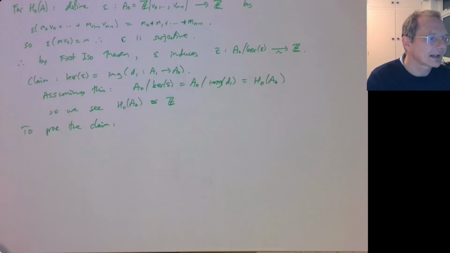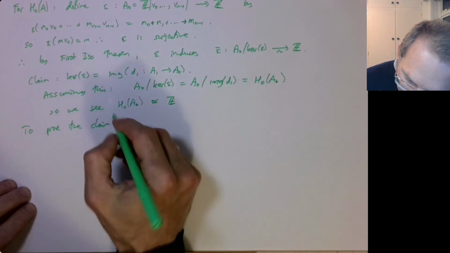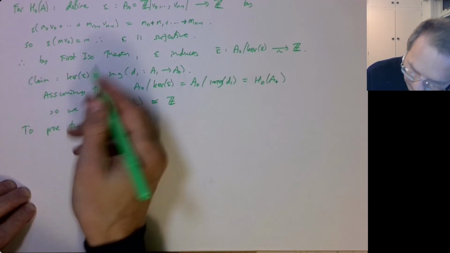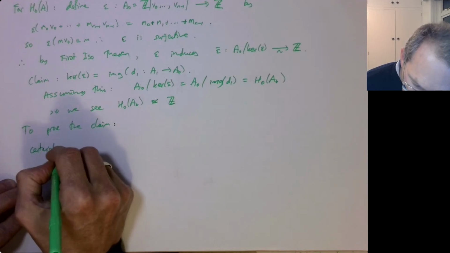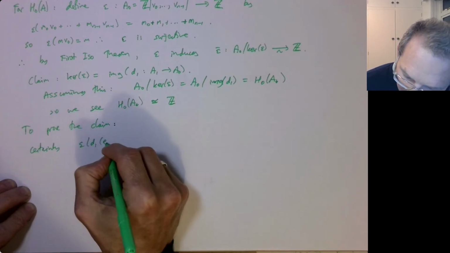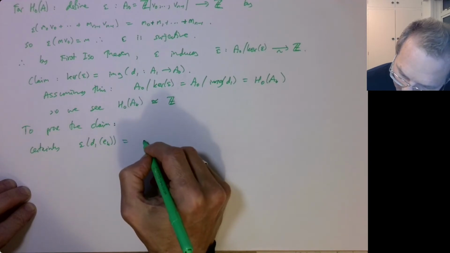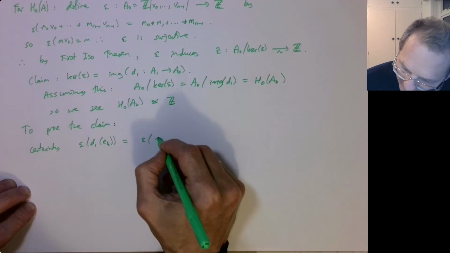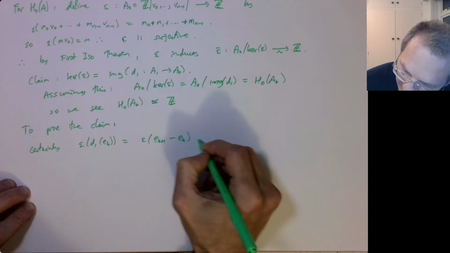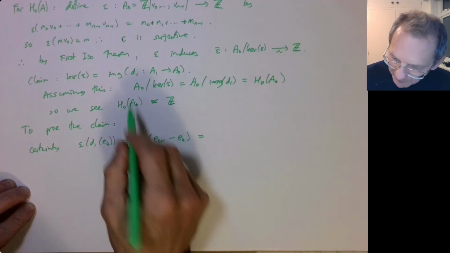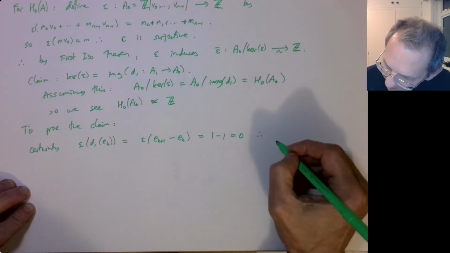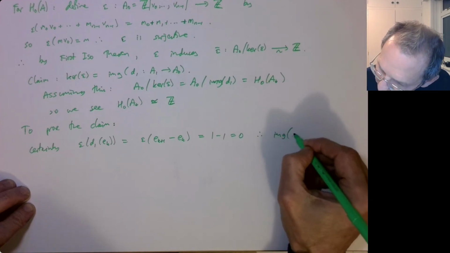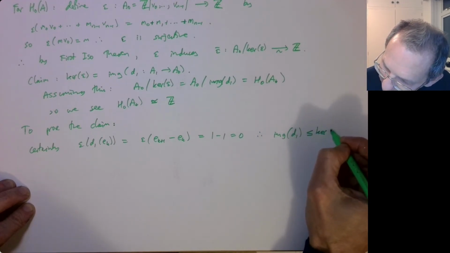So in order to prove this claim, we do epsilon of d1 of ek. Remember d1 of ek is ek plus 1 minus ek, and epsilon is just giving us the sum of all the coefficients, so you just get 1 minus 1, which is 0, and so that tells us the image of d1 is contained in the kernel of epsilon.